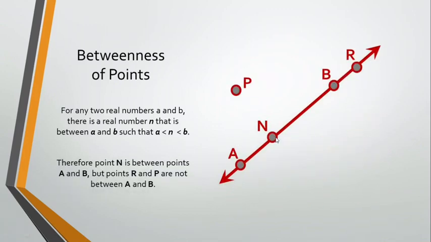Therefore, point N is between points A and B, but point R and point P are not in between. So I say N is between A and B, but when I'm talking about the whole thing, I'm talking about betweenness.